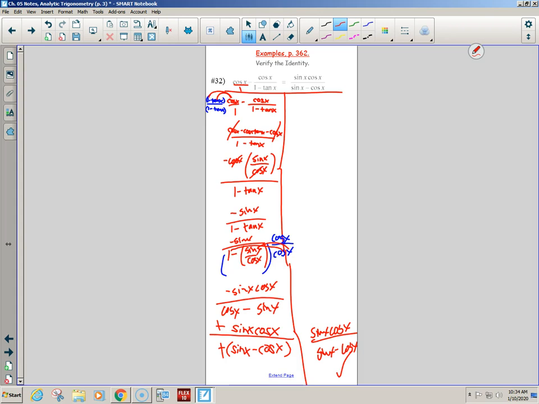The other way that you could have done it, that's more like what you're used to, would have been a cosine x over a cosine x. The long way of simplifying.